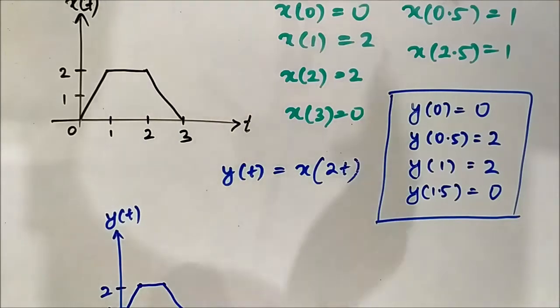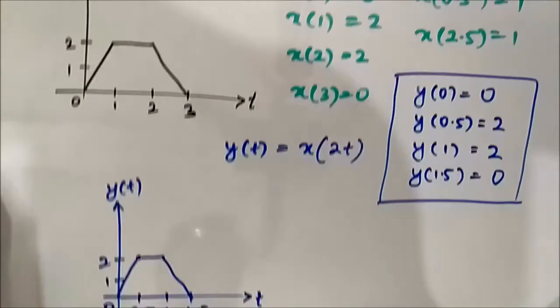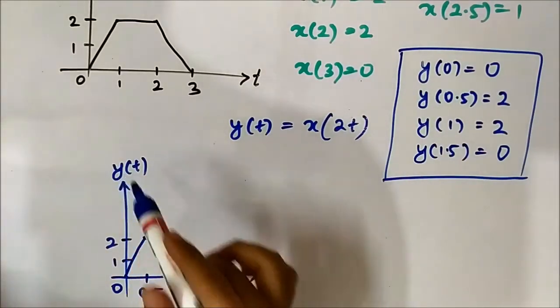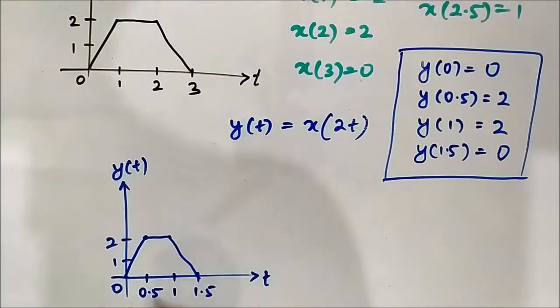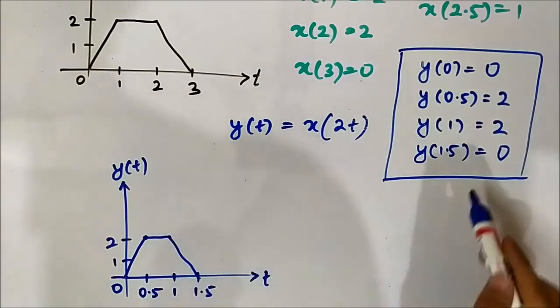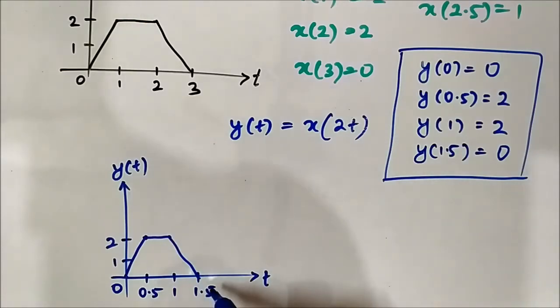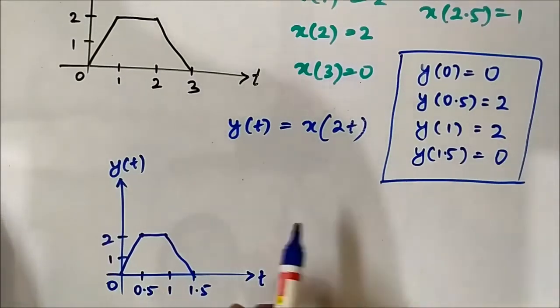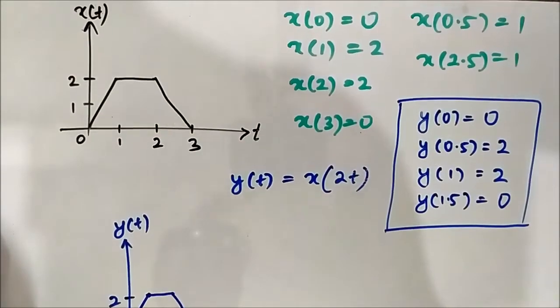So now if you compare this y(t) signal, y0 is 0, y0.5 is 2, y1 is 2, y1.5 is 0, y(t) versus t, this is x(t) versus t.